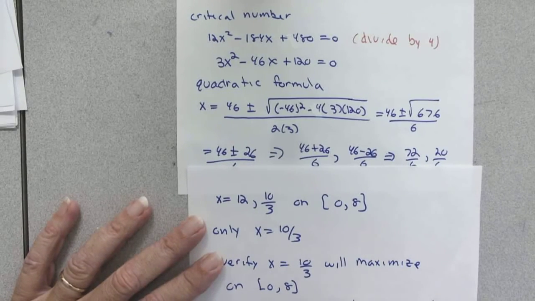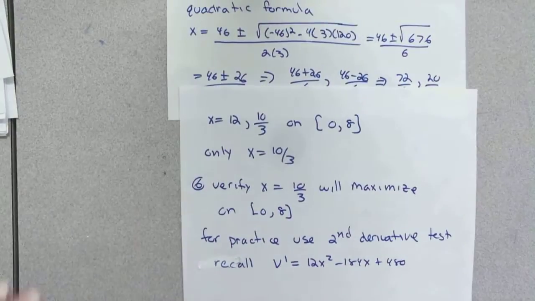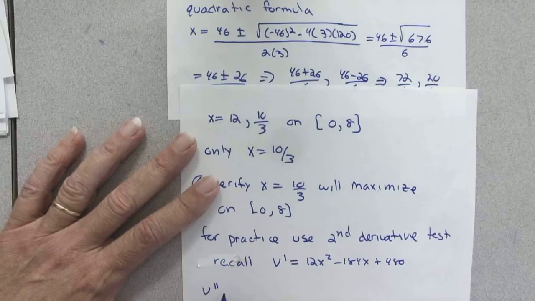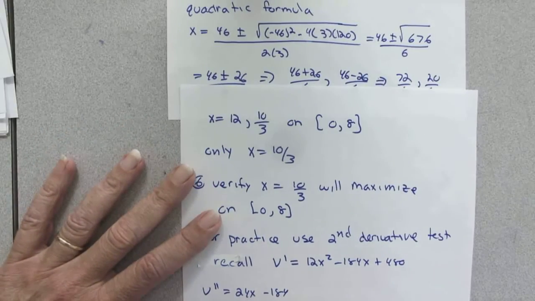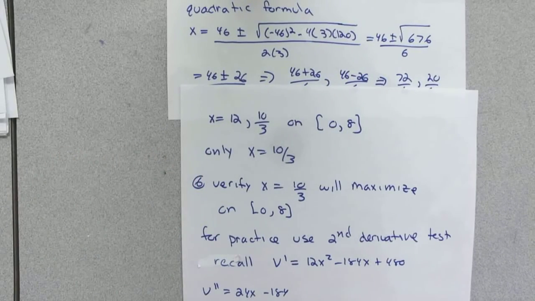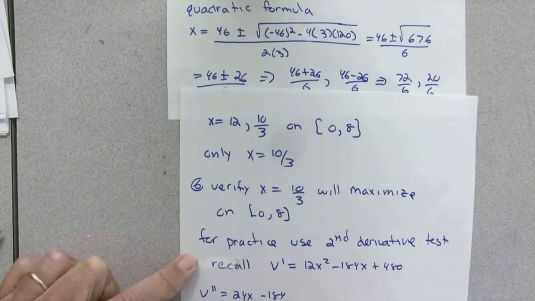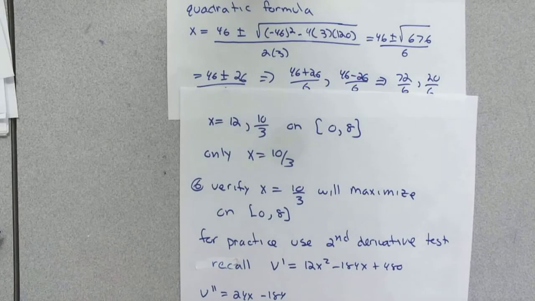The first derivative was this, 12x squared minus 184x plus 480. So the second derivative is going to be 24x minus 184. Plug in the critical number. The 3 and the 24 cancel, leaving 8.